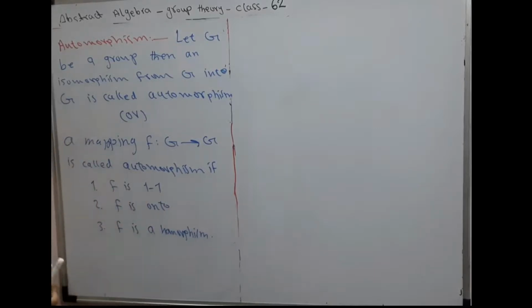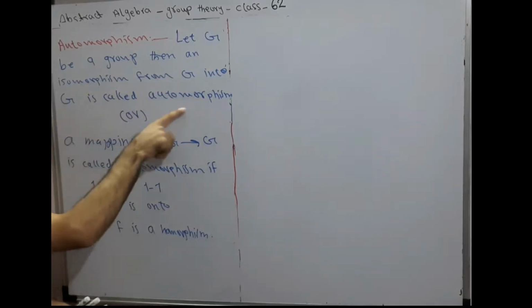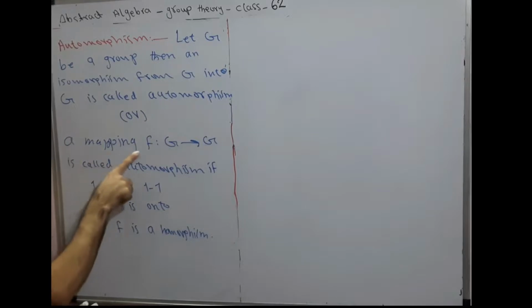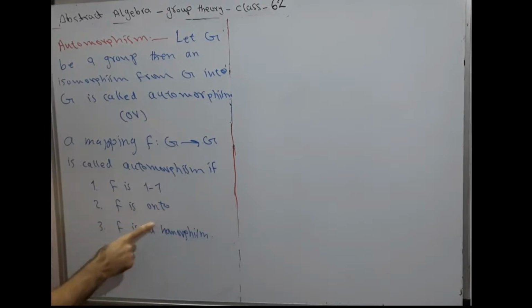This is the definition of automorphism. Let G be a group, then an isomorphism from G into G is called automorphism, or a mapping f such that G into G is called automorphism if three conditions hold: f is one-one, f is onto, and f is homomorphism.